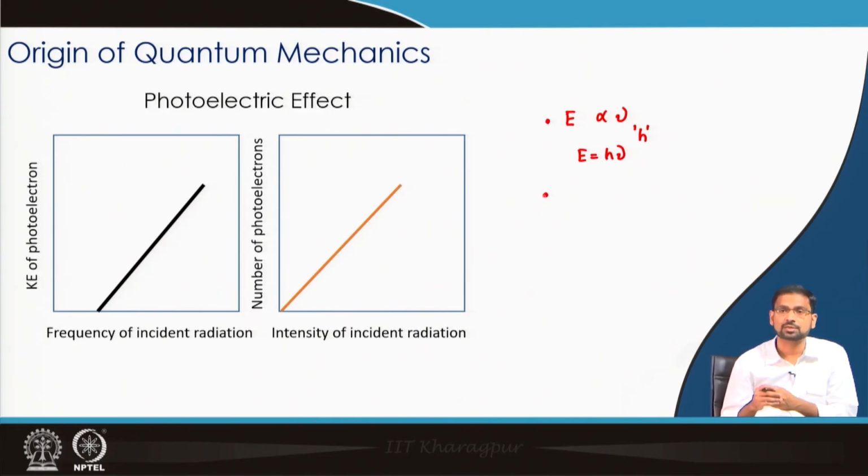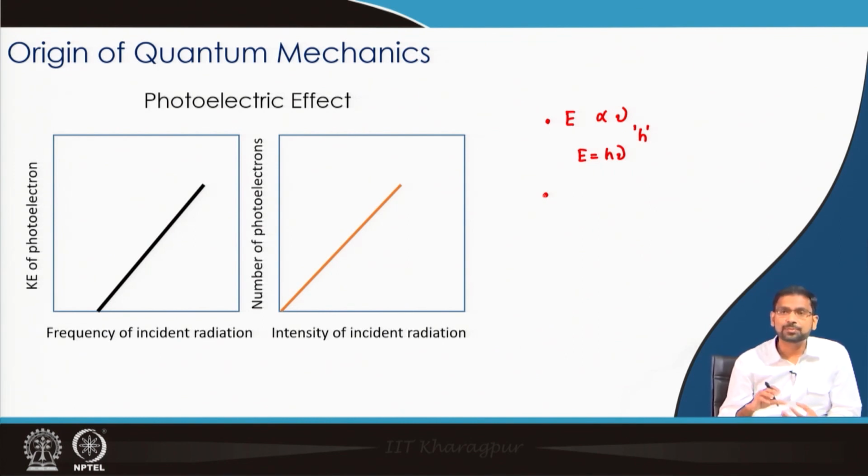Simply multiply by Planck's constant and you get the energy of that photon. When you use high intensity light, you simply give more and more of these photons, or energy packets. So with more energy packets, each packet can eject one photoelectron.